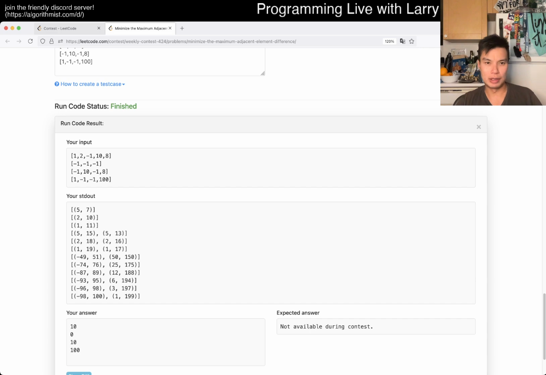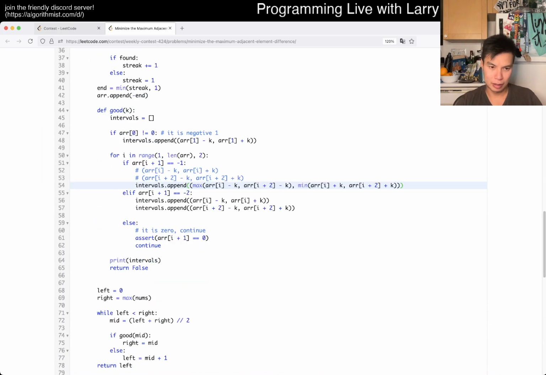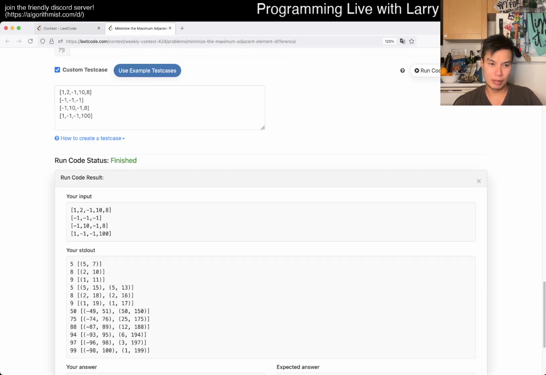So we try... okay, so we try 5, that means that we have the numbers can be between 5 and 7. Is that right? I guess so, because 5 from this and 5 from that.